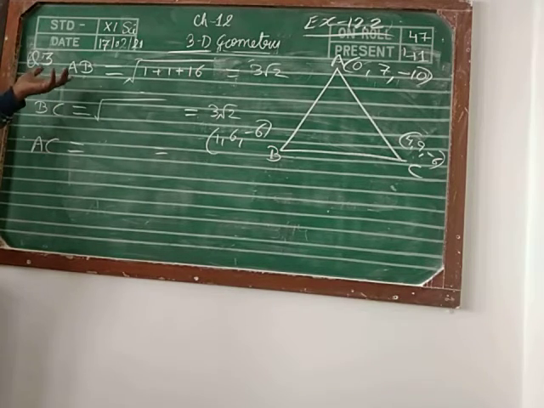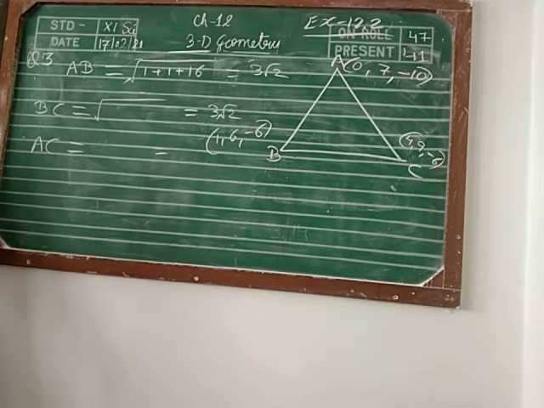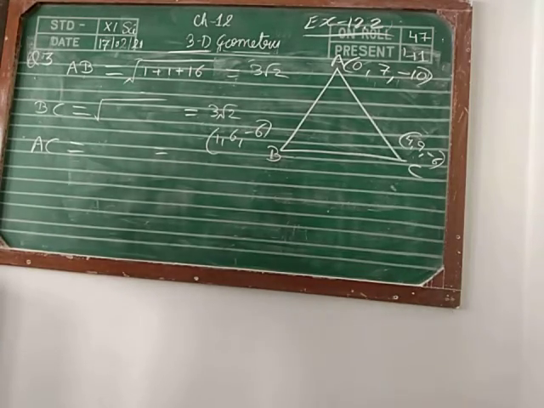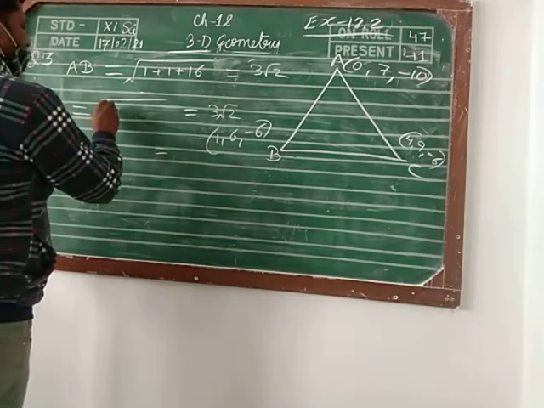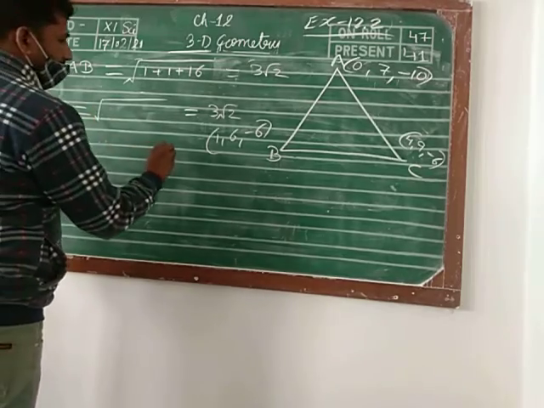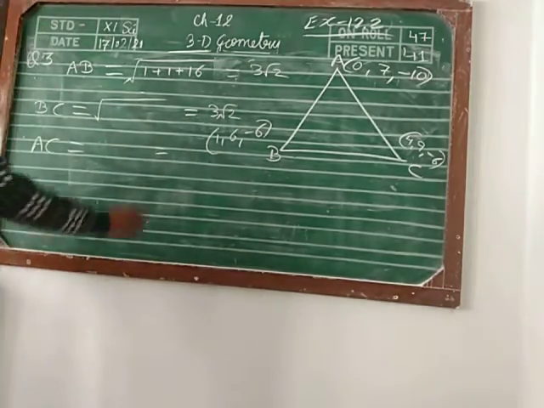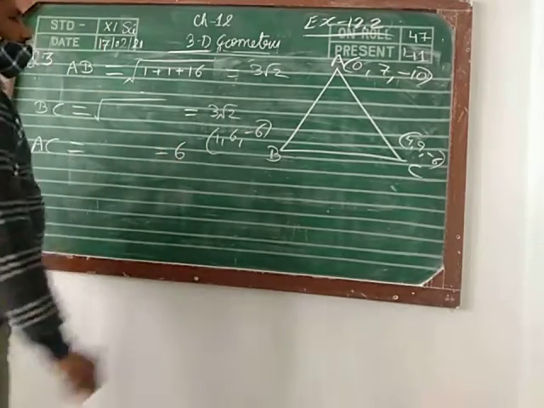The third length may also be equal to the previous two, for this reason we first find all three lengths. The third side is not equal. Tell me the length. 6 units.